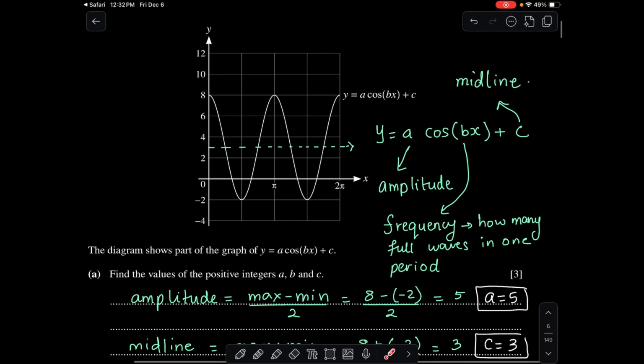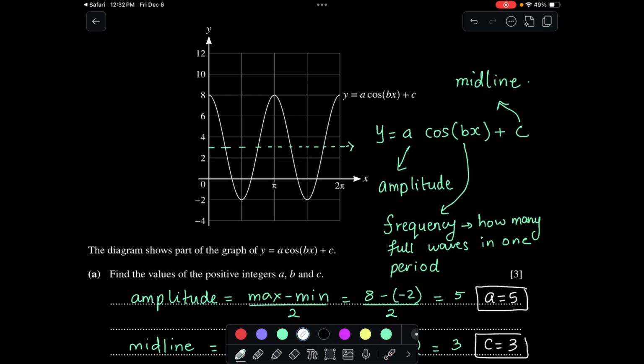This is a cosine graph. A normal cosine graph would look something like this; I'll just draw it here. This is one full period up to 360 degrees. So in one full period, how many full cycles can you see over here?